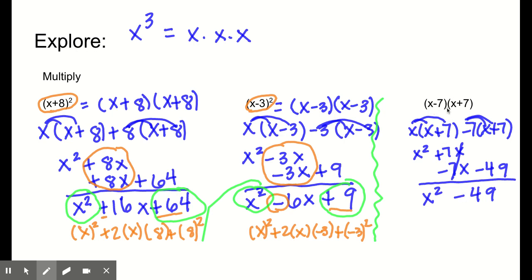We still have the square of the first term in our answer, x squared, and the square of the last term, which is 49, but notice that it's now subtraction. We are essentially squaring that second term, but it's always going to give us subtraction because when we expand it, we have 1 plus 1 minus, and that's always going to multiply out to be a negative value.